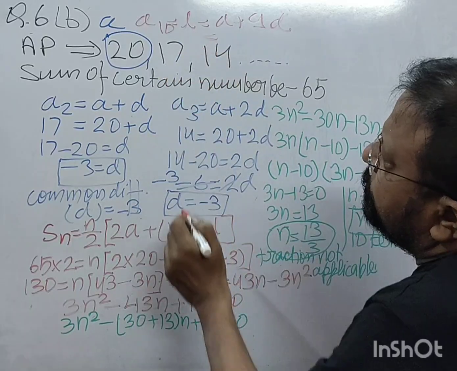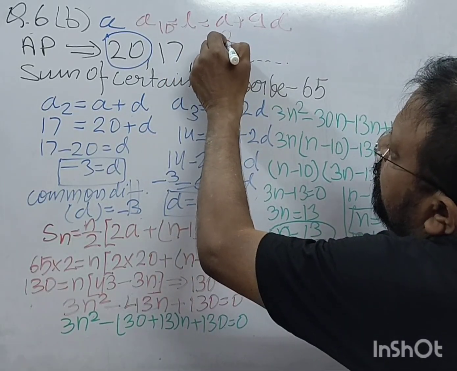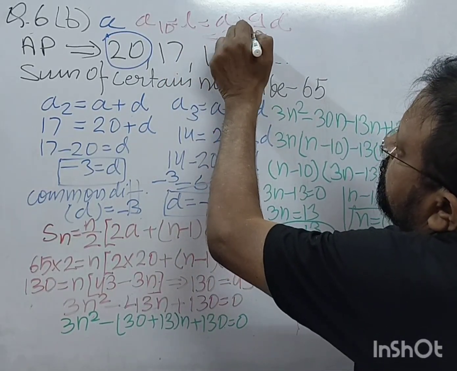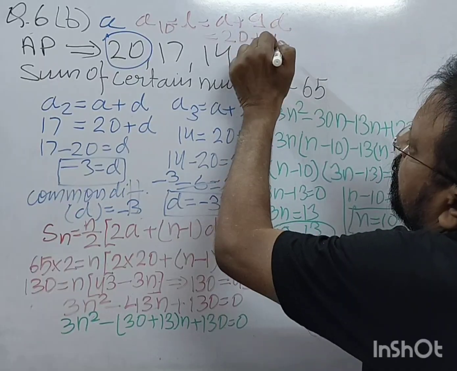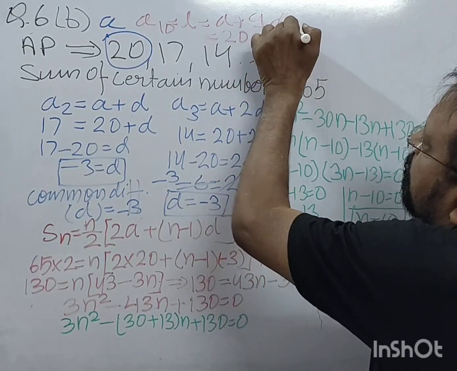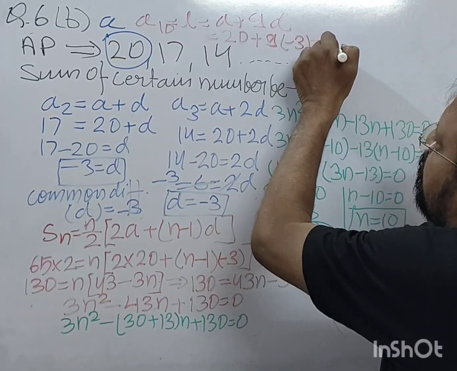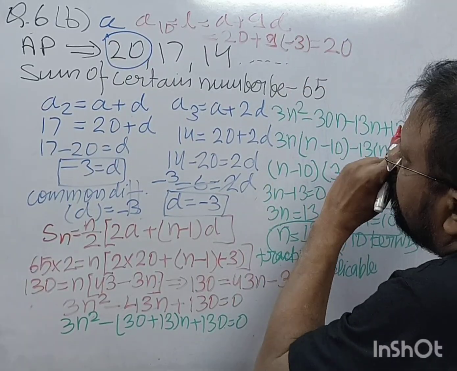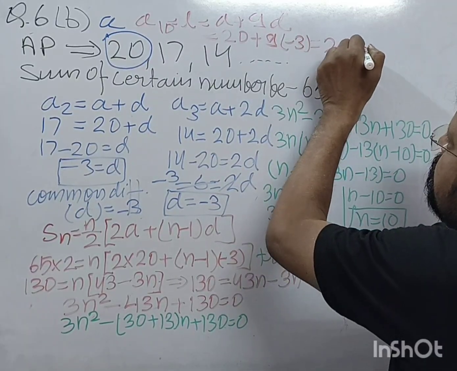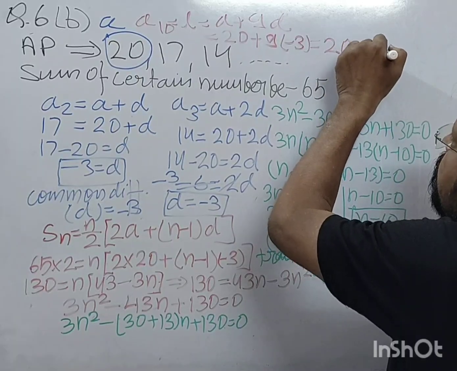So a is 20 plus 9 into minus 3, you get 20 minus 27.